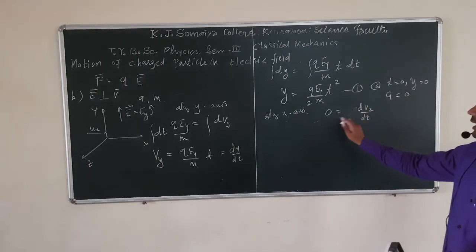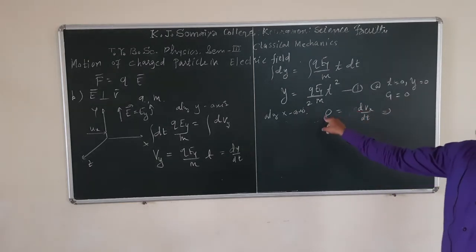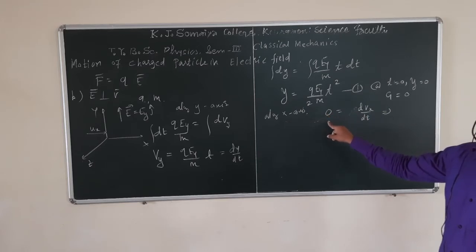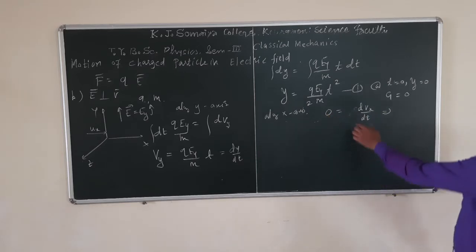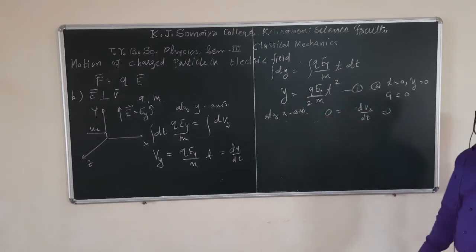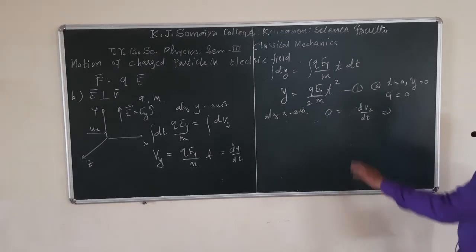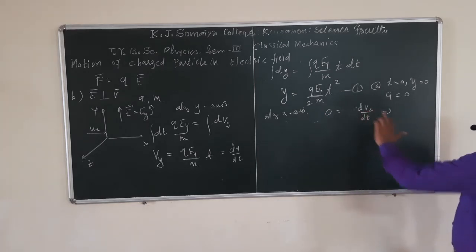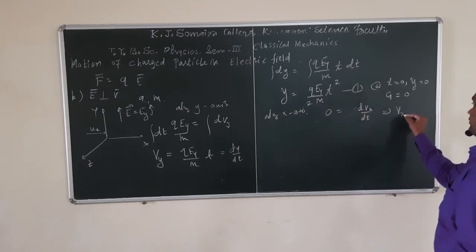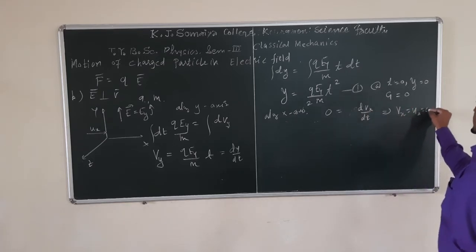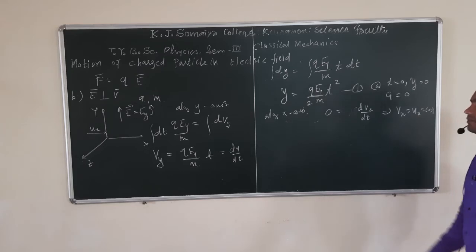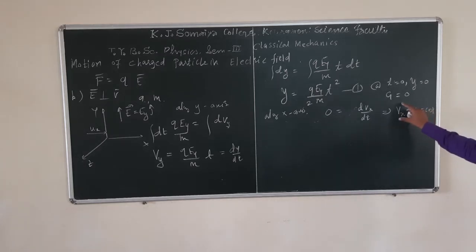If you take m to the left hand side, 0 upon m becomes 0. So dvx upon dt is 0. What does it mean? It means vx must be constant, which is nothing but ux. If vx is constant, then the derivative of that term is 0.